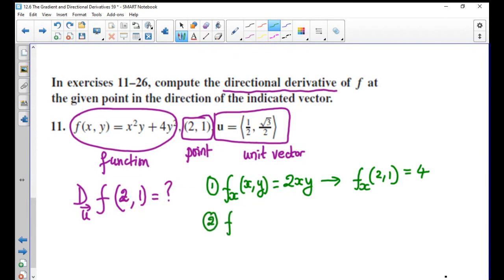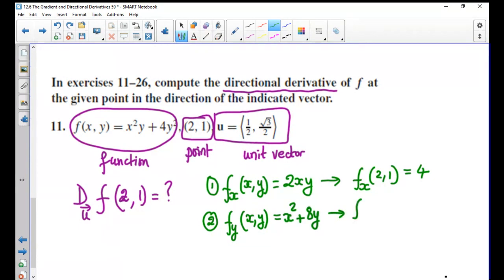Then you need to find fy. What is fy, girls? Anyone? Yeah, it's going to be x squared plus 8y. Good, thank you.